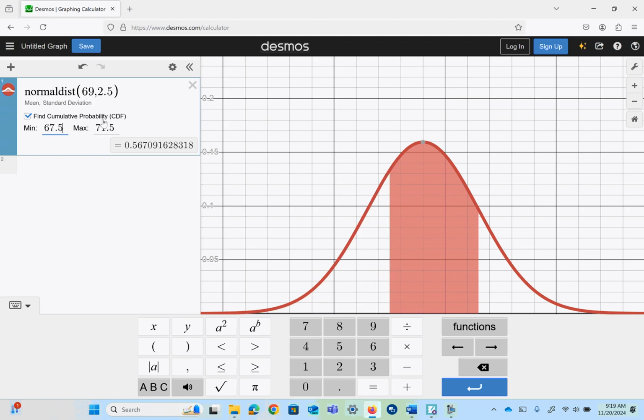Change your upper bound, make it back to infinity, so delete it, and then just click off of it. And so this gets us to 72.6% of the area. So again, if I were to randomly select a male from the population, if I picked a male that was 67.5 inches or taller, we have a 72.6% chance of selecting it.